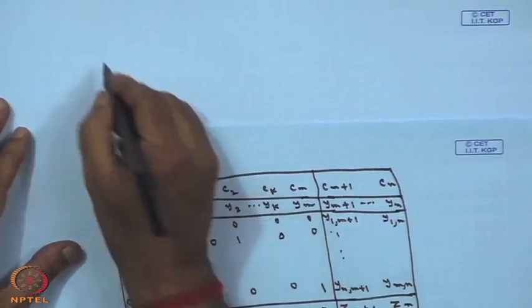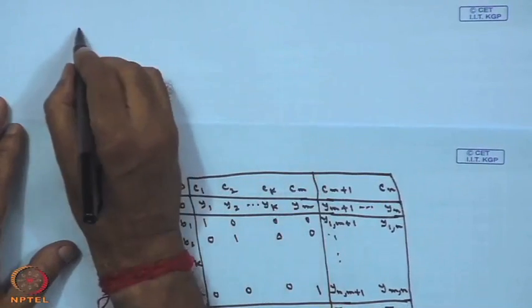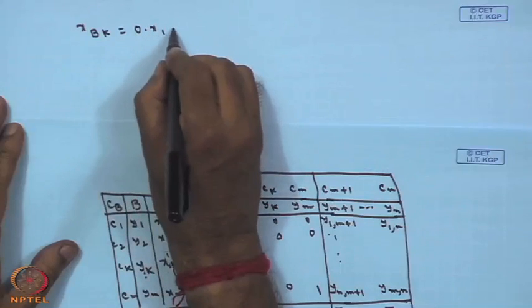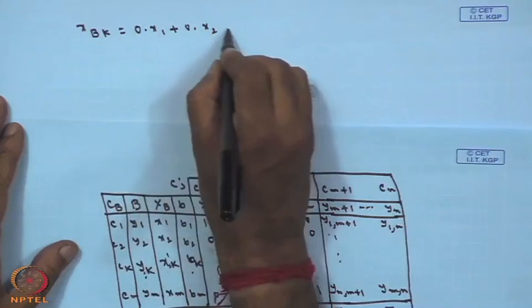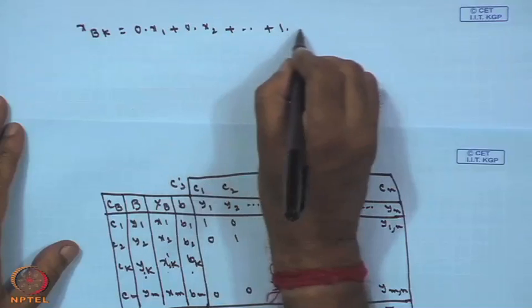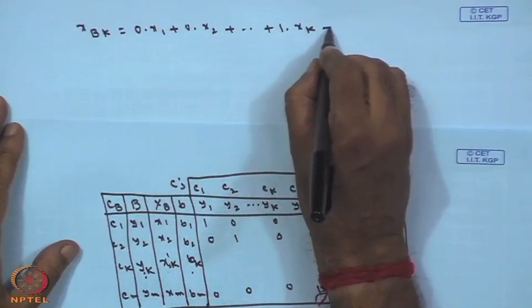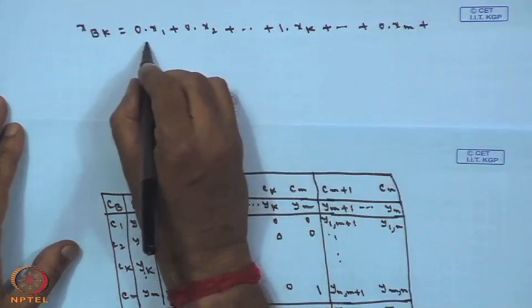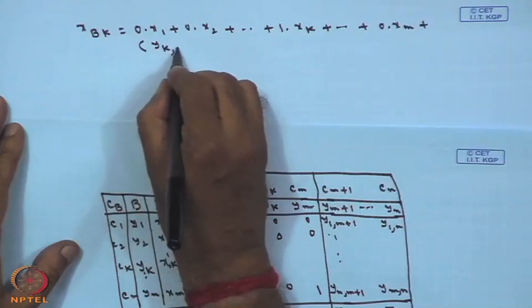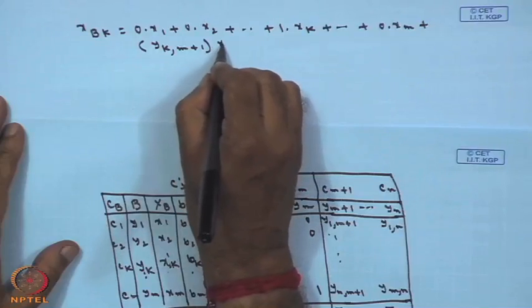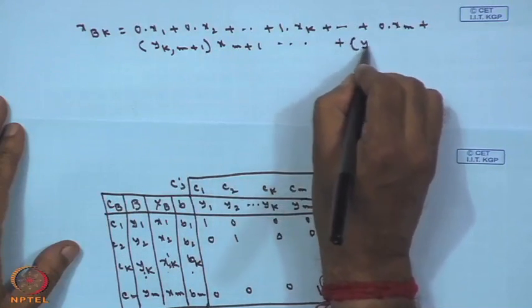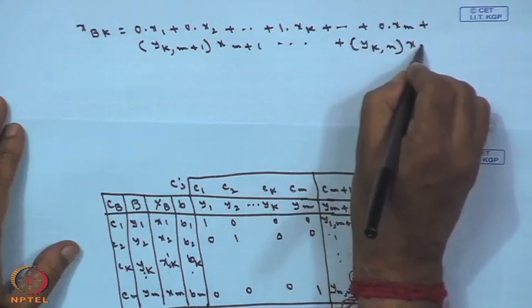That means you can write this kth basic variable, xBk, like this way: xBk equals 0 into x1, just writing the row, 0 into x2 plus 1 into xk, the kth basic variable being non-integer, plus 0 into xm, plus y k m+1 into xm+1, like this way going up to plus ykn into xn.